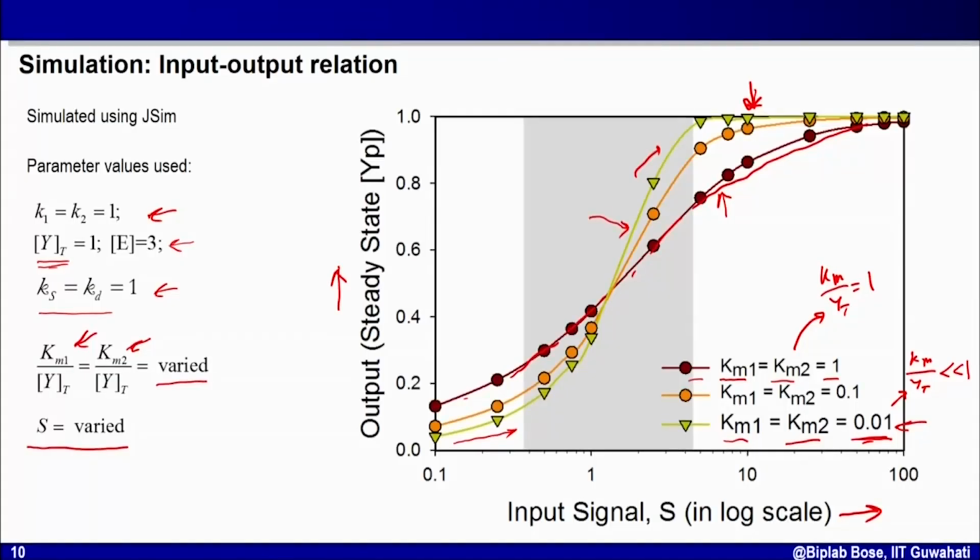But if my ratio of Michaelis-Menten constant to total Y is smaller than 1, that is this green line, then I get this sharp sigmoidal behavior. And as you can see, in this shaded region, if you vary S, the output, that is Yp, will change very drastically. So this region is ultra sensitive.